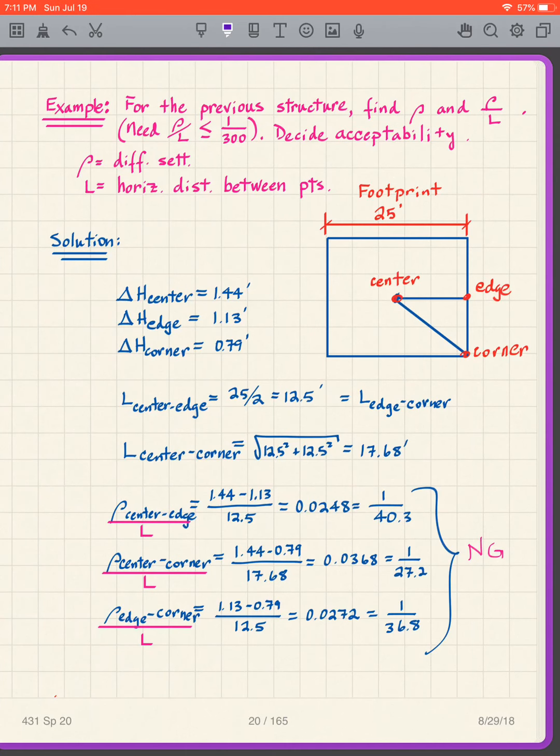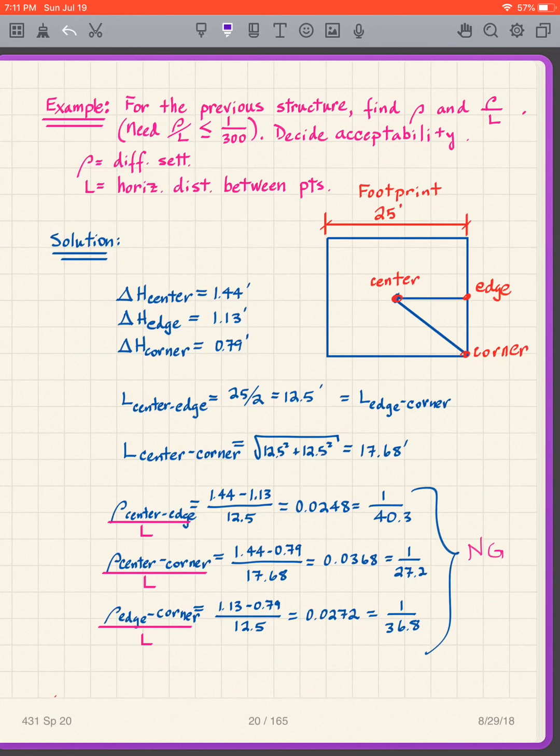And then, just to complete this, what we want to do with this structure is find rho and rho over L. We're going to use rho over L as 1 over 300 as acceptable. If it's greater than that, then it's not acceptable. Remember, rho is the differential settlement. L is the horizontal distance between the 2 points.